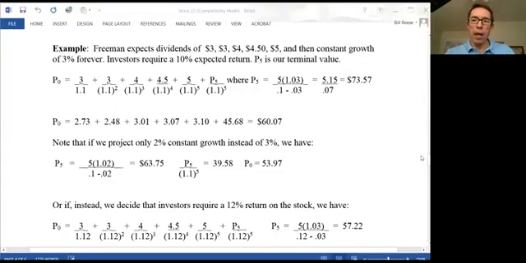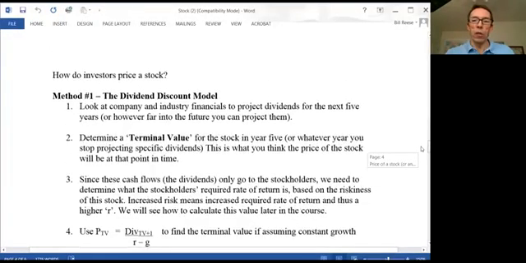This is on page 4 of the class notes. So the dividend discount model: the first step is you want to look at the company, the industry financials, and the macro economy as well. And this is the hardest part, but you're not going to have to do this.